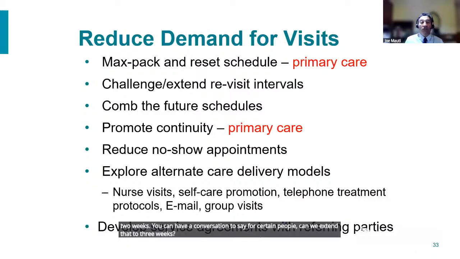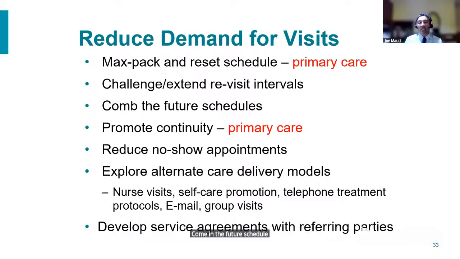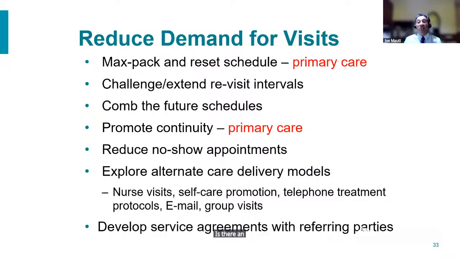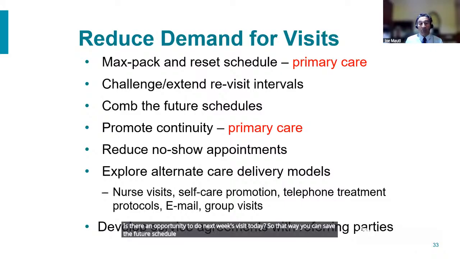Can we extend it to 4 weeks? Combing the future schedule is an opportunity to see, let's say Joe Mauti has an appointment today at 2 o'clock, but the provider says, I see he's coming in next week as well. Is there an opportunity to do next week's visit today? That way you can save the future scheduled appointment for another person.